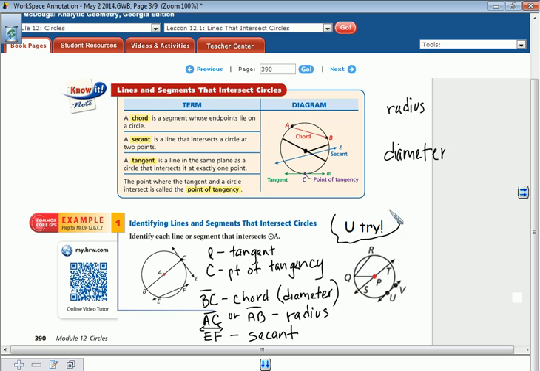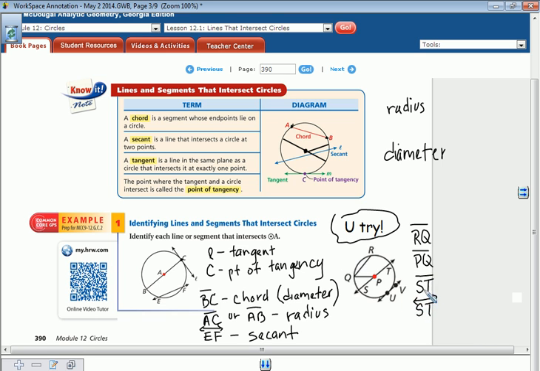Okay, take just a minute, and I have a you-try here for you. I would like you to identify what RQ is, what PQ is, what ST is, what line ST is.